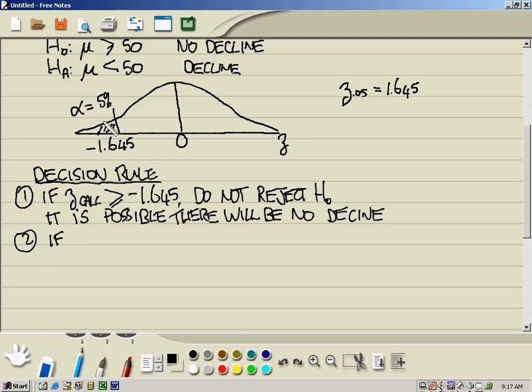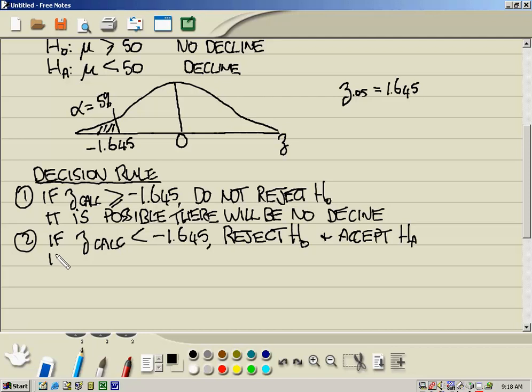Alternatively, if we get down here where the alpha is, if z-calc is less than the negative 1.645, then we're sufficiently far below the hypothesized value of 50 so we can reject the null and in its place accept the alternate, and for the interpretation, it is likely that the alternate is true, it is likely there will be a decline.